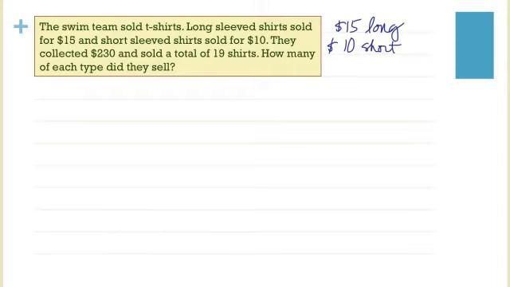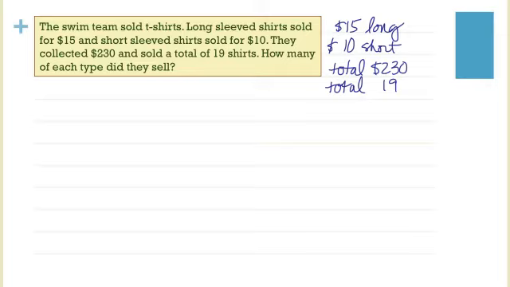They collected a total of $230. There's also another total: a total of 19 shirts. As we start putting this together, it's a little artificial because now I'm telling you this is a system of equations. We've done some problems similar to this where you could only use one variable.